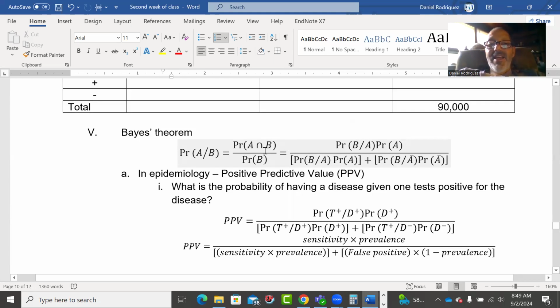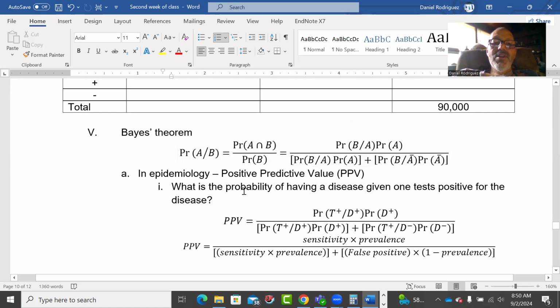What's the probability of A and B? It's the probability of B given A times the probability of A. Here's the total probability of B. That's why we did that earlier. It's the probability of B given A times the probability of A, or it could be the probability of B given not A times the probability of not A. See, that's why I told you we had to do that.